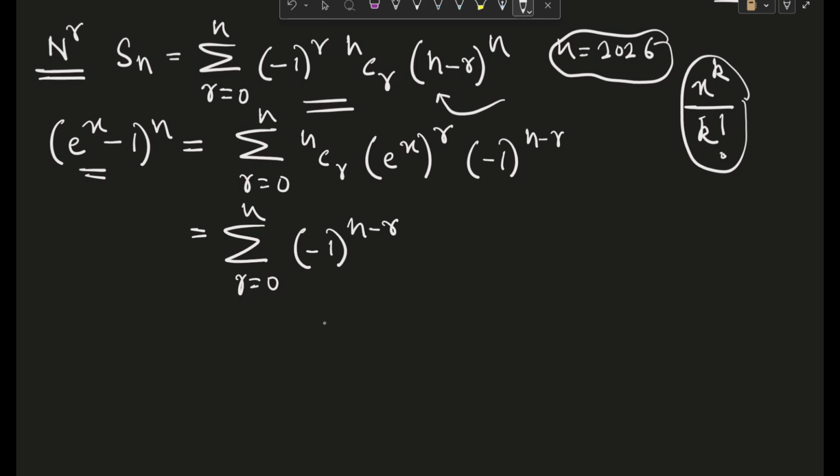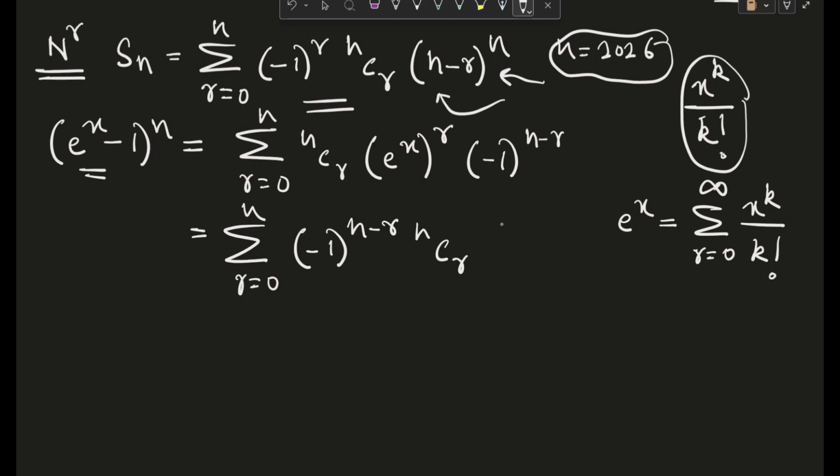From here only we are trying to get this thing as soon as possible: nCr. And now we know our e power x is equal to sigma r equals 0 to infinity x power k by k factorial, right?